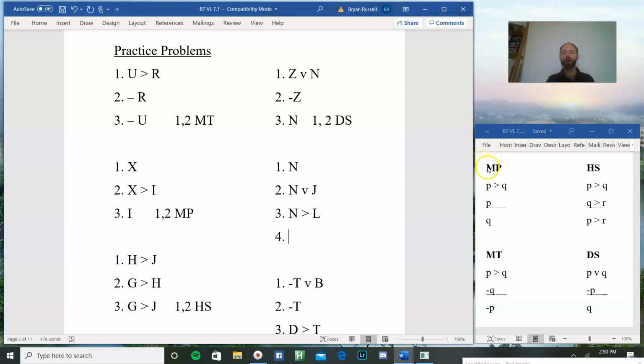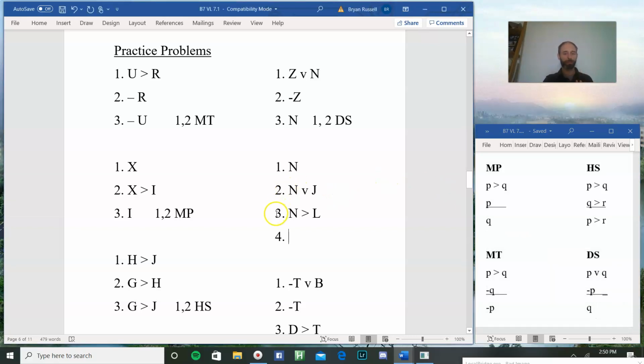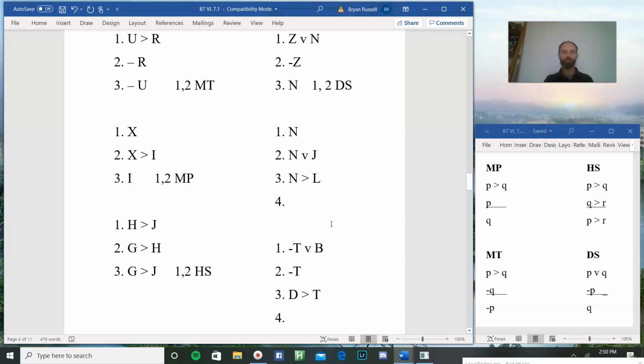Now note, all the rules that we've covered work on only 2 lines. So we use 2 lines to derive a third line. Here we're given 3 lines. So what do we know? We know that 1 line will not be used here. So we need to figure out which of these 2 lines go together using a rule to derive the 4th line.